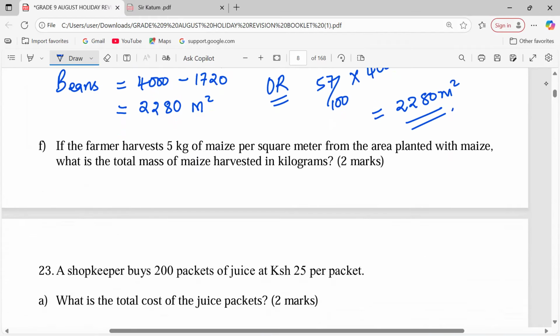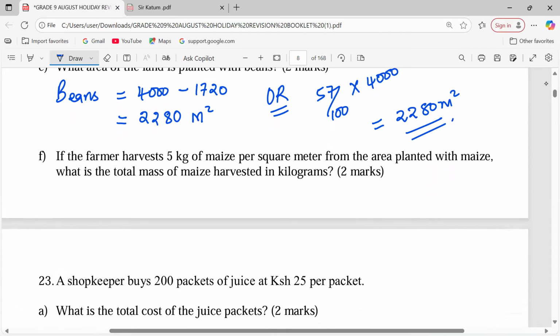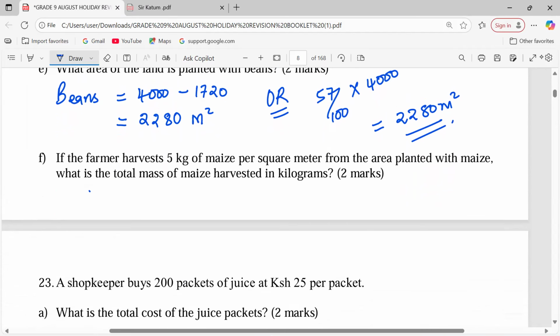Look at part F. If the farmer harvests 5 kilograms of maize per square meter from the area planted with maize, what is the total mass of maize harvested in kilograms? So 5 kilograms from every square meter.